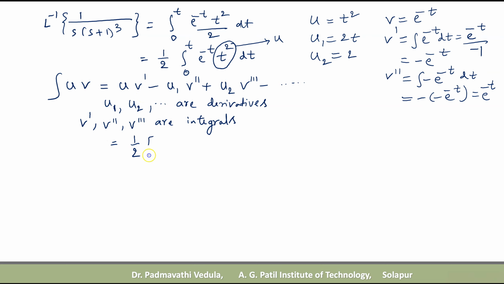So 1 by 2 into, according to this general UV rule, we get 1 by 2 into, here this is u.